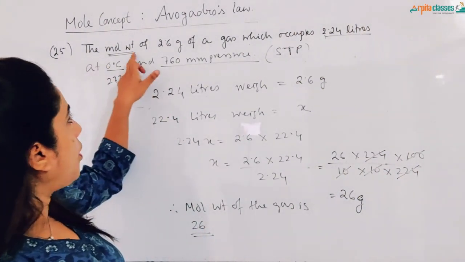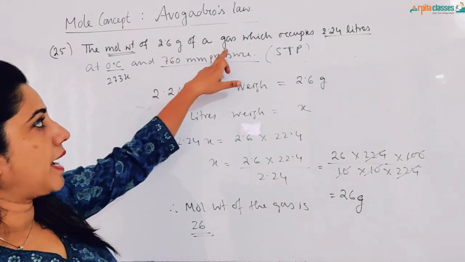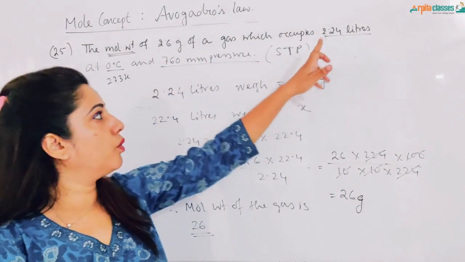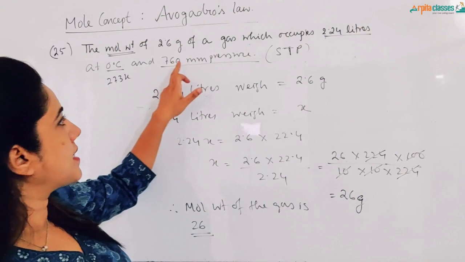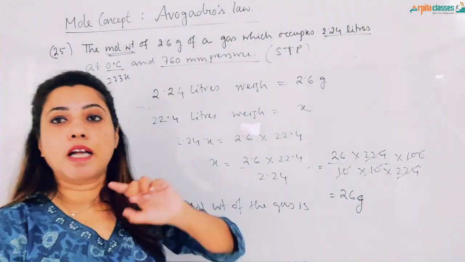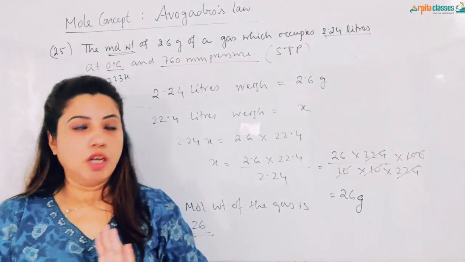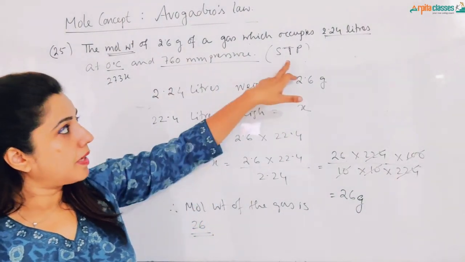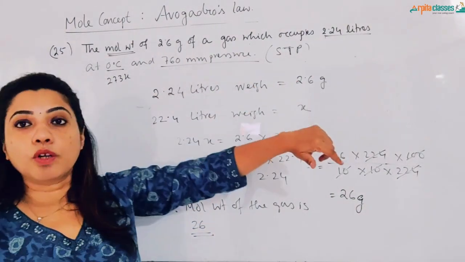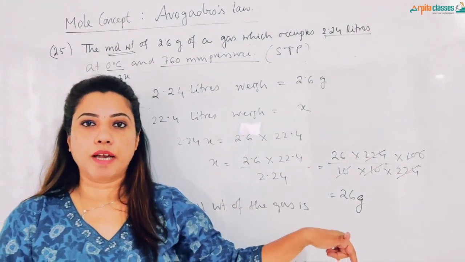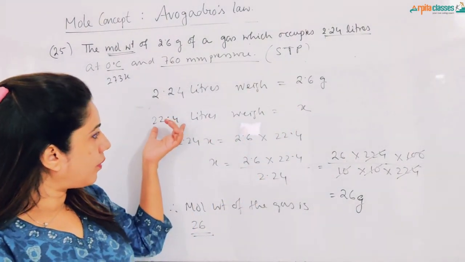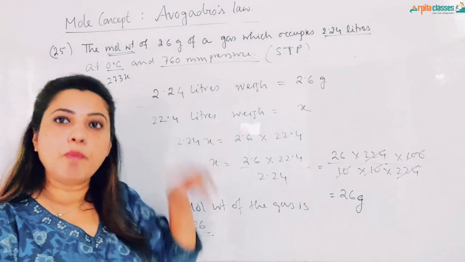They're asking to find the molecular weight of 2.6 gram of a gas which occupies 2.24 liters at 0 degrees Celsius and 760 millimeter of pressure. That means 0 degrees Celsius and 760 millimeter of pressure is the STP condition. So we need to find out at STP condition what is the weight of 22.4 liters of the gas. Because whatever will be the weight of 22.4 liters of gas, that will be the molecular weight.